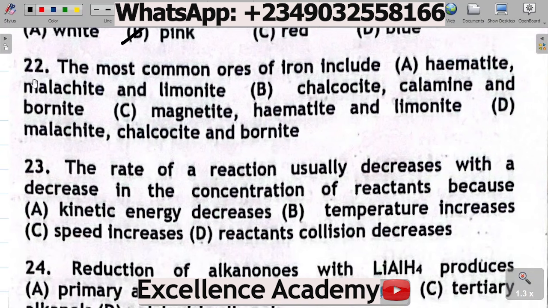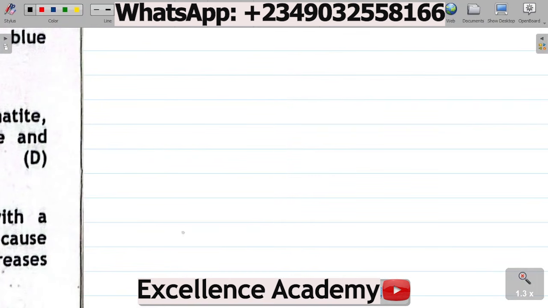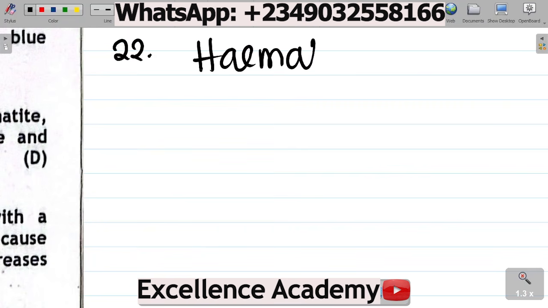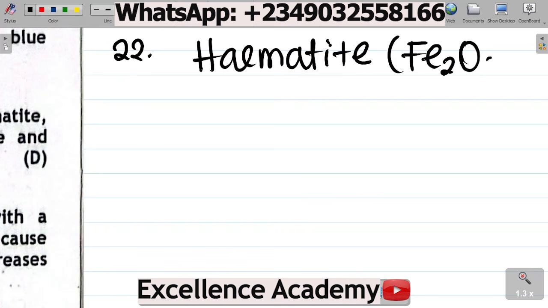Next up, question 22. 22 says the most common ores of iron include, you have option A, option B, option C, and option D. Now note that the most common ores of iron include, number one, hematite, which is Fe2O3.